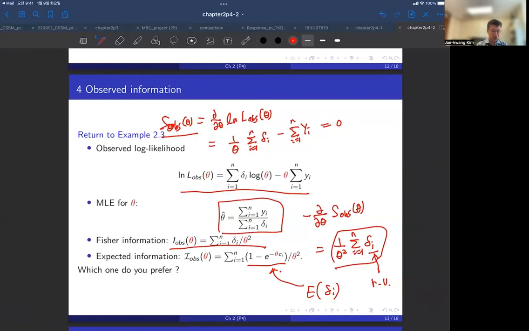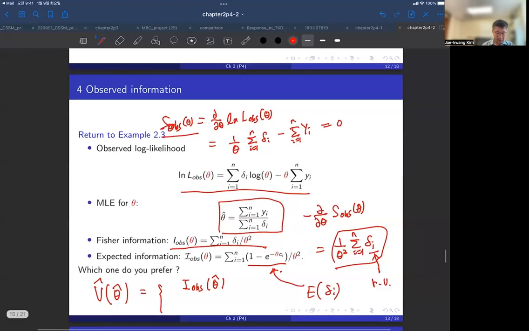Okay. So now you are interested in estimating the variance. You have two choices. One is you just use the observed Fisher information and plug it in.